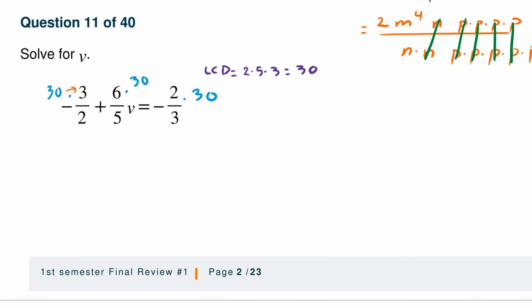30 times 3 is 90 over 2. 6 times 30 is 180 divided by 5, v. And this will give you 60 over 3. Then we go ahead and divide them.